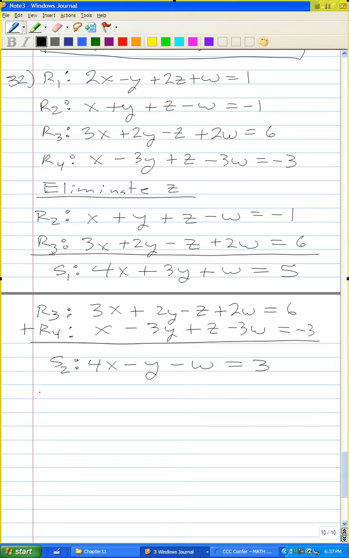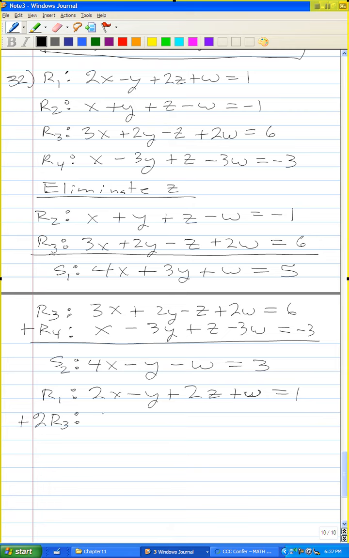So let's do R1, 2x minus y plus 2z plus w equals 1. And let's do 2R3 and then add those.